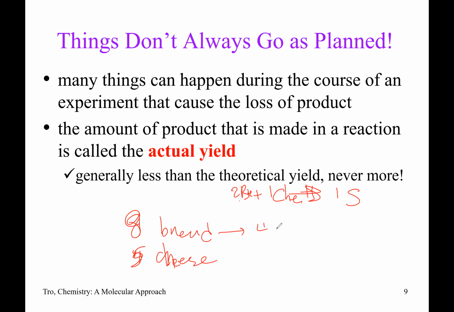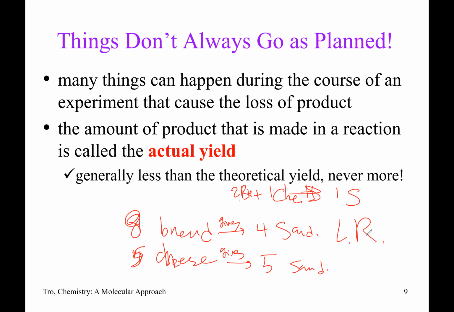If you have 8 bread, that gives you 4 sandwiches based on the balanced equation. If you have 5 slices of cheese, then it gives you 5 sandwiches. The one that produces less product is going to be the limiting reactant. That is one way that you can use to find the limiting reactant.